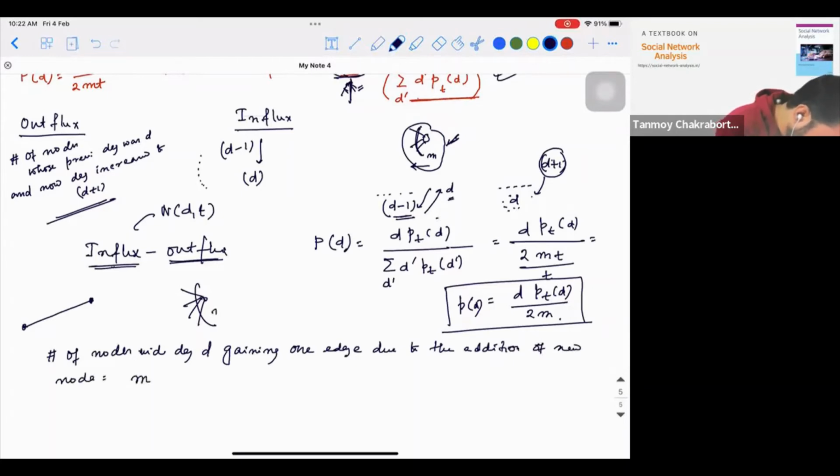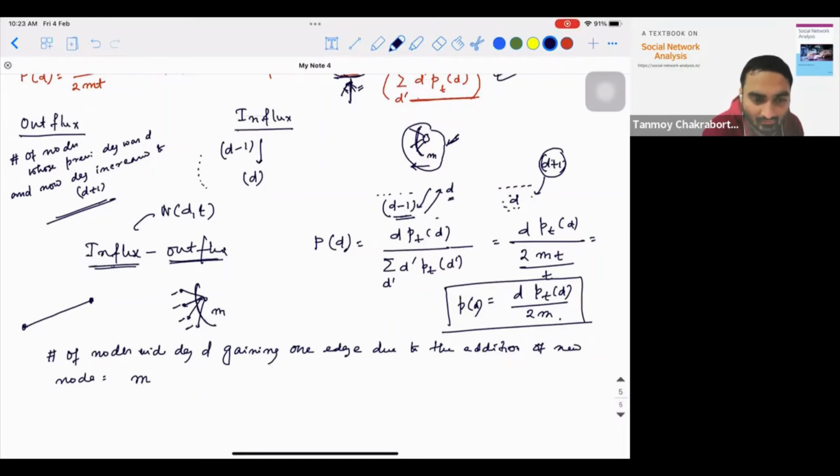m edges are coming. How many nodes with degree d will be affected by this? Remember, since there is no parallel edge, each of these edges will be connected to only one node, so these m edges will be connected to m nodes. Now some of these nodes would be degree d.